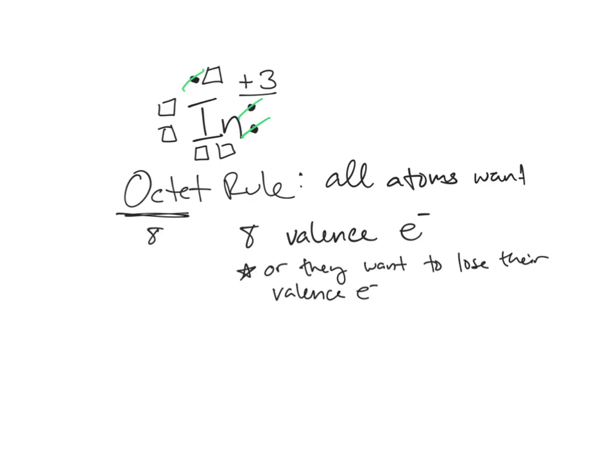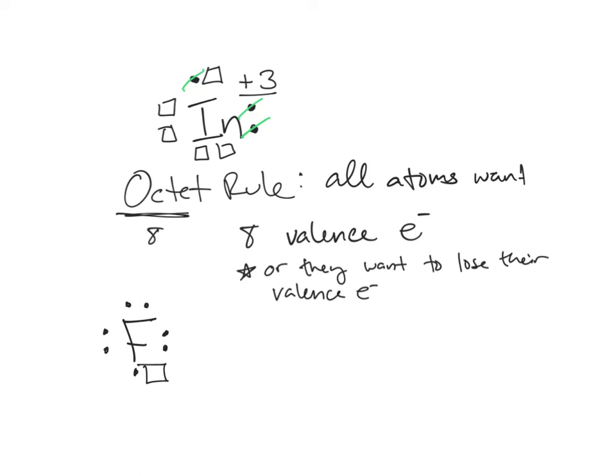Now let's look at this again with some other examples just to try to figure it out. Let's take a look at fluorine, for example. Fluorine has 7 valence electrons, which you could figure out using the Bohr diagram, or the Bohr model. And they go in order 1, 2, 3, 4, 5, 6, 7 valence electrons, and it's missing 1. Now it's going to be way easier for fluorine to find 1 measly electron than to get rid of all 7 of its others, because when it gets rid of those electrons, it has to find places for them to go.